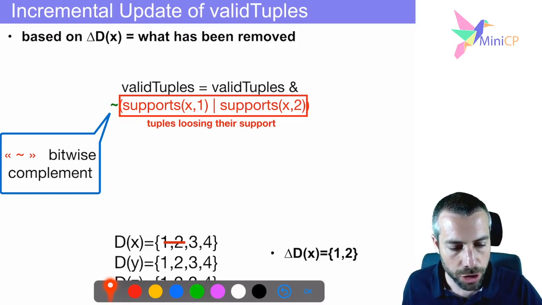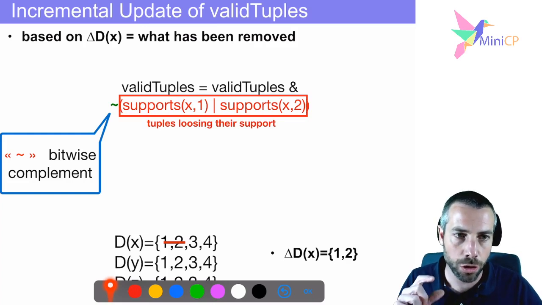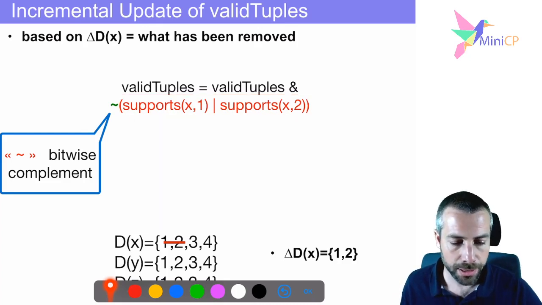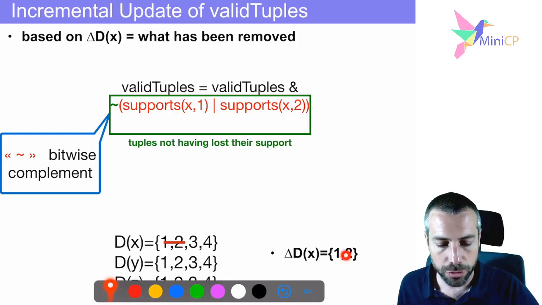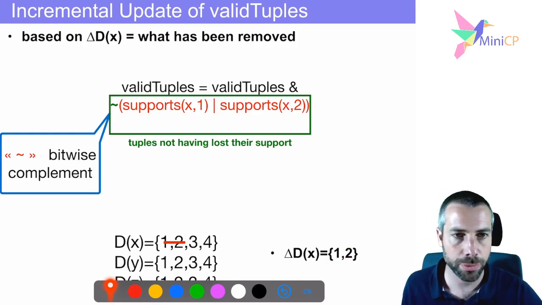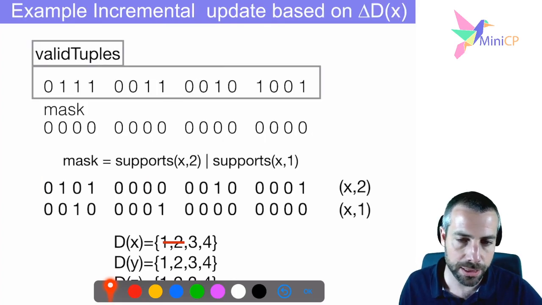And if you take the logical complement of this bitwise set, you will consider only the tuples that are still supported according to the variable X. These are the tuples that didn't lose the support according to the values that have just been removed. And so this is another strategy to update the set of valid tuples. So which one should you choose? It really depends, as we will see on the next slide.